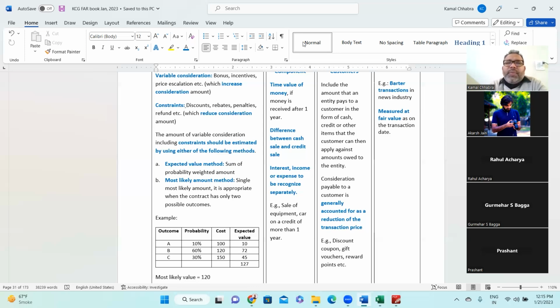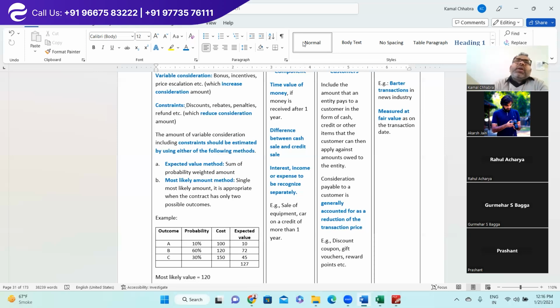If you are selling 1000 cars in a year and you estimate that approximately 600 out of 1000 people will purchase the extended warranty, then how much will be the discount or the price? In that scenario, the answer is more likely, because either people will purchase it or not purchase it. There is nothing in between. Make sense? So in that scenario, you will be using the most likely amount method.